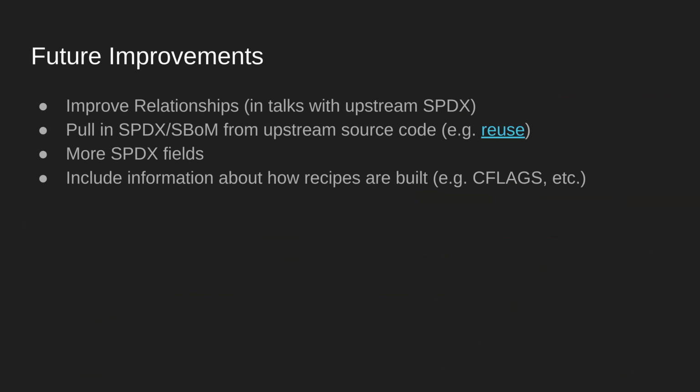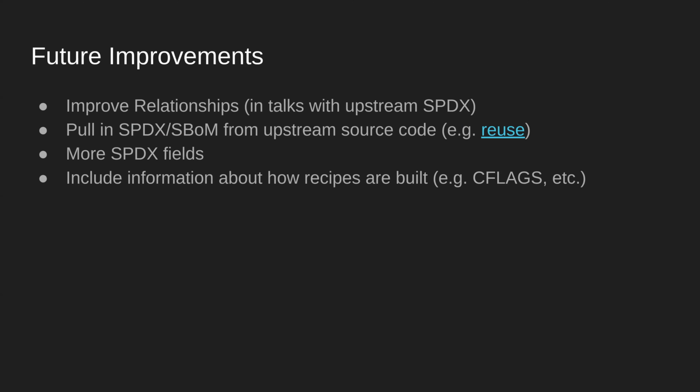There's a lot of things that we would like to do in the future to make a lot of this stuff even more useful. We would like to improve the relationships, and we are talking with upstream SPDX about that. And we would like the ability to pull in upstream SBoMs if they provide them.